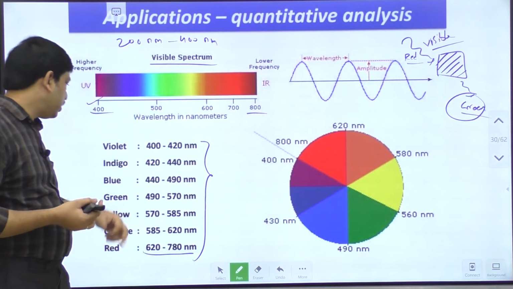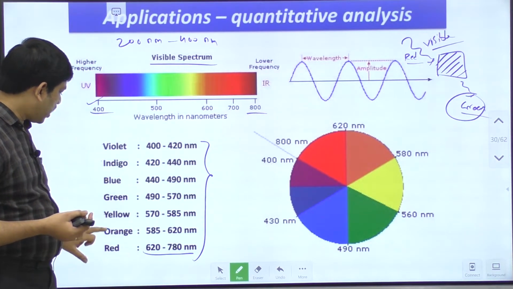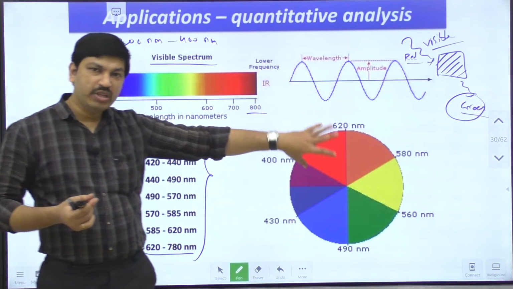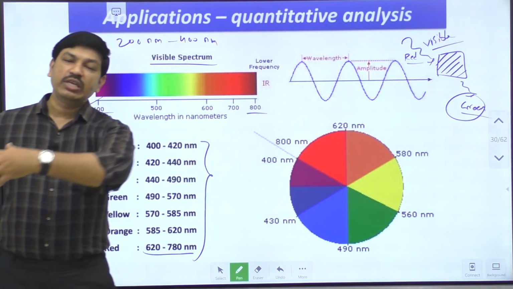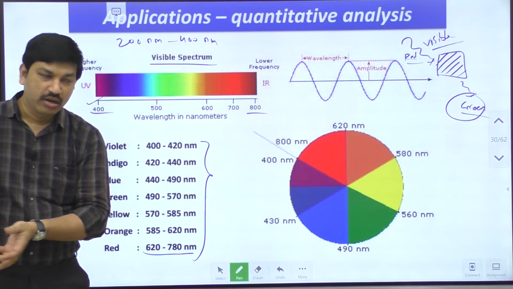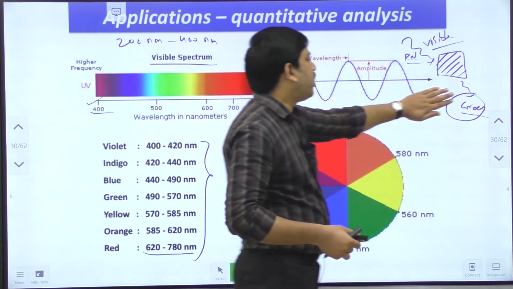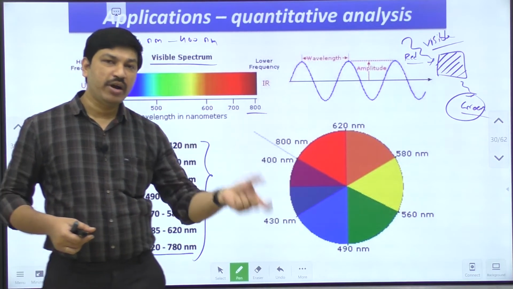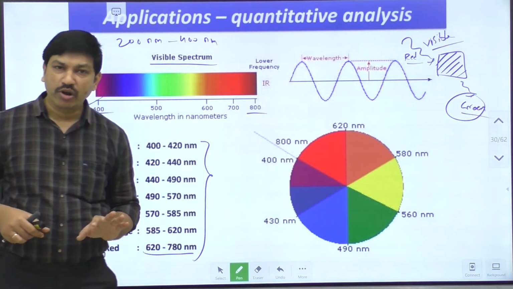We have 7 wavelengths like this: 1, 2, 3, 4, 5, 6, 7. Among these 7 wavelengths, if one wavelength is absorbed by the molecule, the remaining 6 wavelengths come outside, and those 6 wavelengths combine with each other and produce some resultant color, which is what we see. So the color we are seeing is the complementary color. It is not the absorbed radiation.